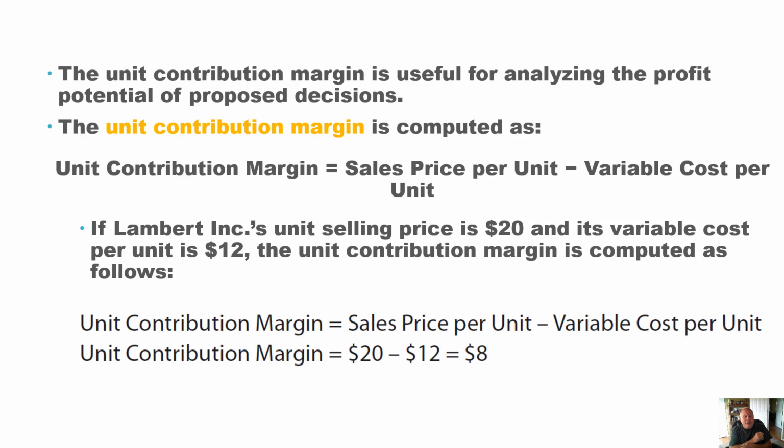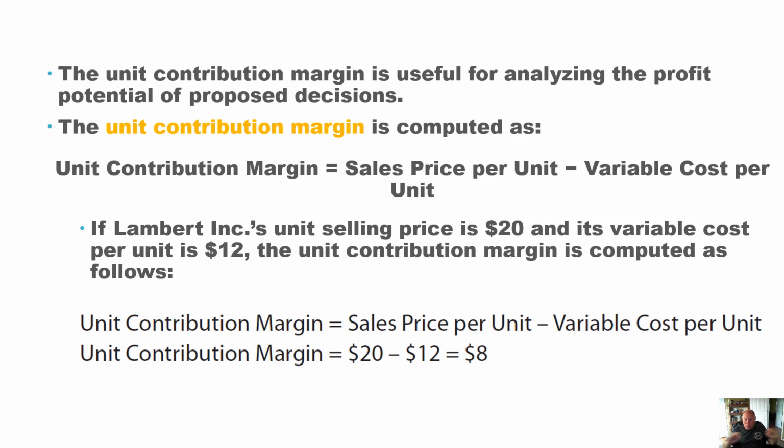Now, the next thing that comes into play here is the unit contribution margin. And oftentimes that's used for determining the profit potential of proposed decisions. Okay. And the unit contribution margin is selling price per unit minus variable cost per unit. All we're doing is taking the contribution margin and converting it to units.